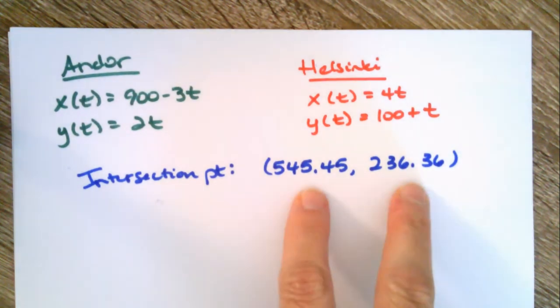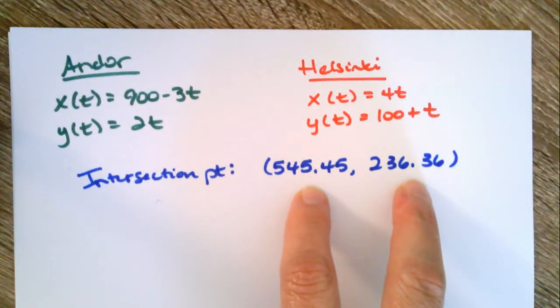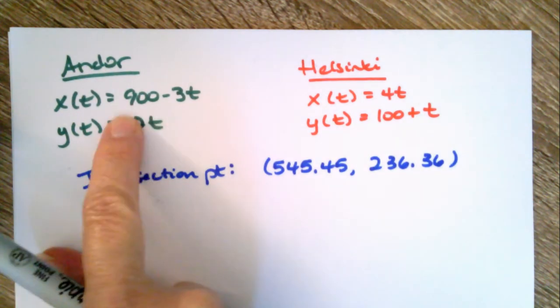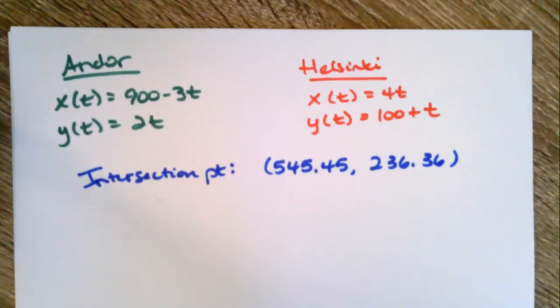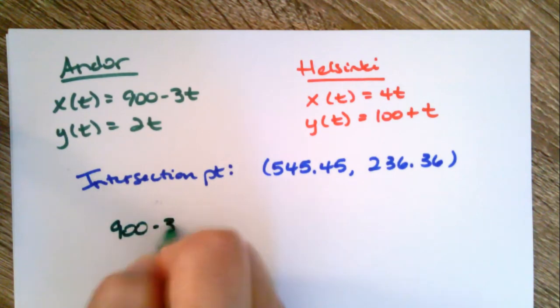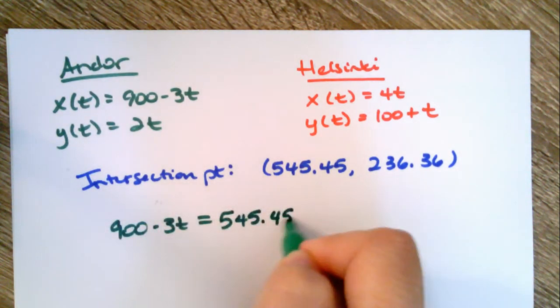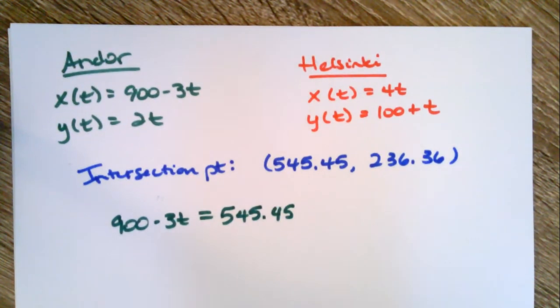We know that the paths intersect at this point, and our question is, when does each ship get to that point? Well, I can take the x equation for the Andor, this 900 minus 3t, and I can set that equal to 545.45.